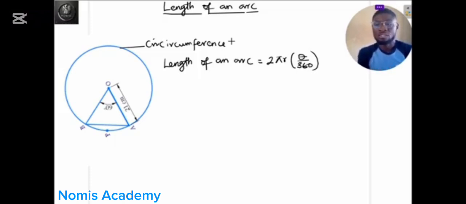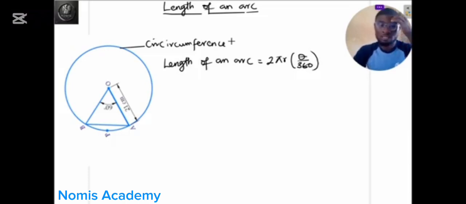So theta represents the angle of the sector that cut out part of the circumference, which we call an arc, from the 360 degrees. So that's how to calculate the length of an arc.